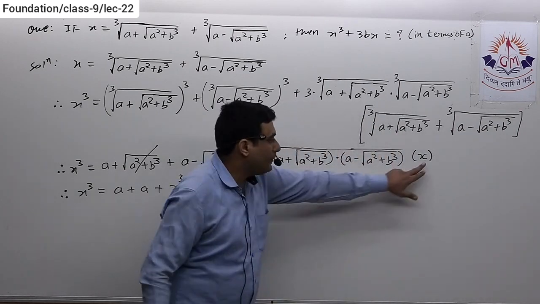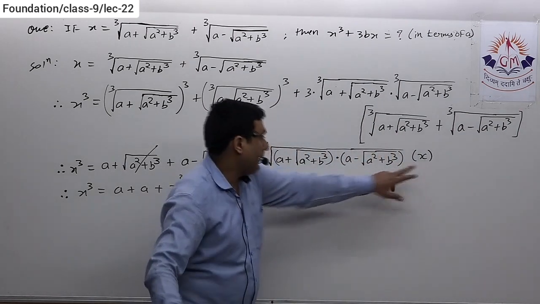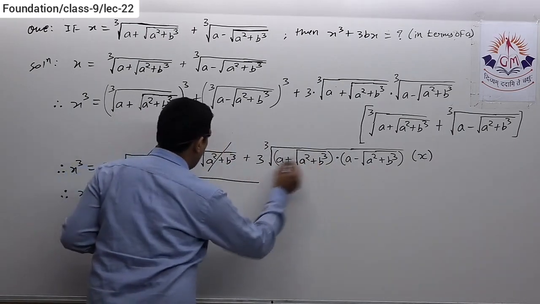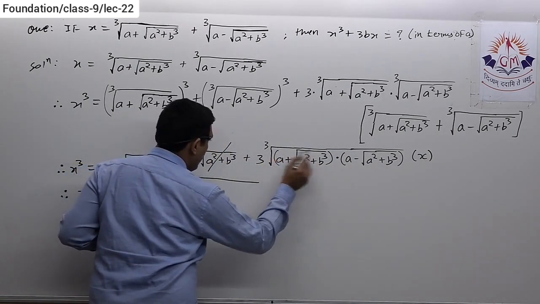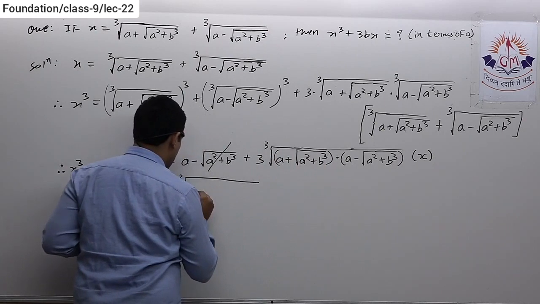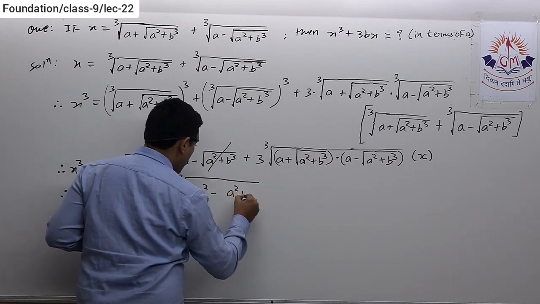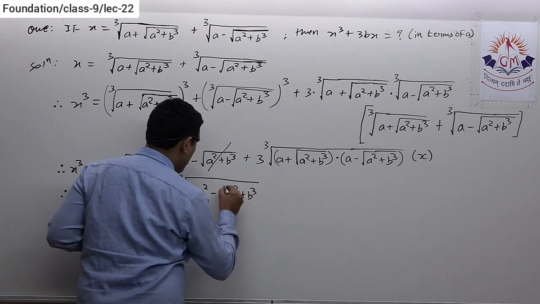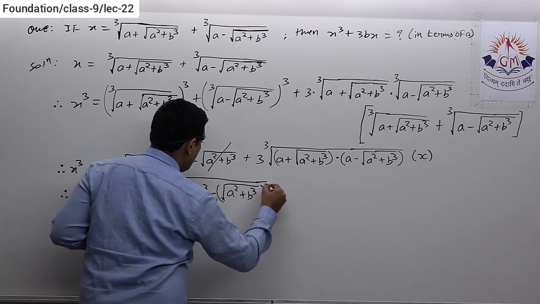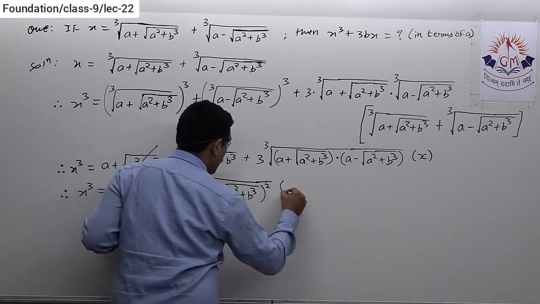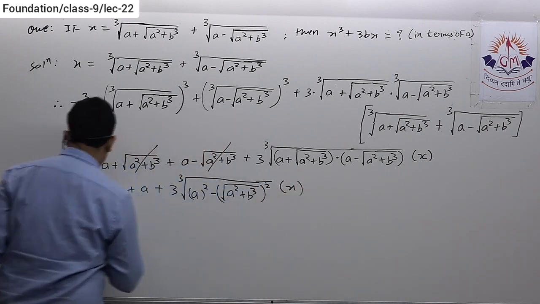See, when I say x, I'm not meaning this x. Okay, I'm just applying the identity. So square of this minus square of this. So a square minus a square b cube root square. A square minus b square multiplied by x.